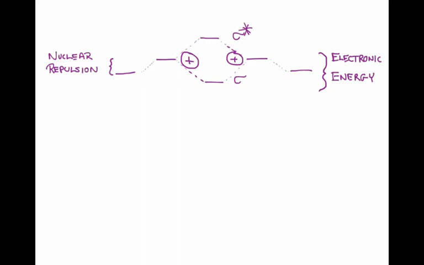And so that overall sigma bond is stabilized with respect to the two nuclei at infinite separation. The sigma is below that infinite separation point there, and we have ourselves a bonding situation, and I've got an orbital that I can shove a couple of electrons into and get a beneficial situation here.